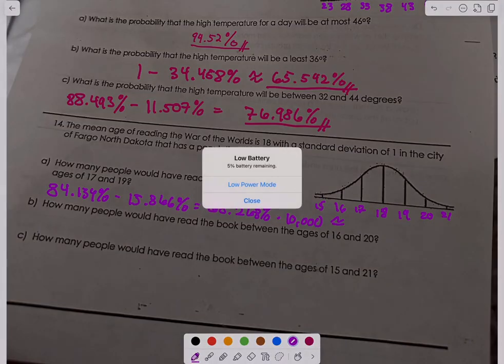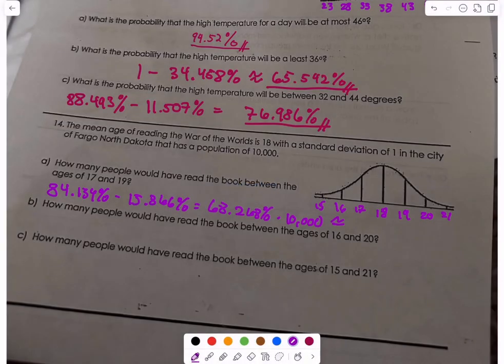I'm going to try to finish this one out, then I have to charge my device. As a percent, we need to write that as a decimal since I'm short on space. The decimal just needs to move here.